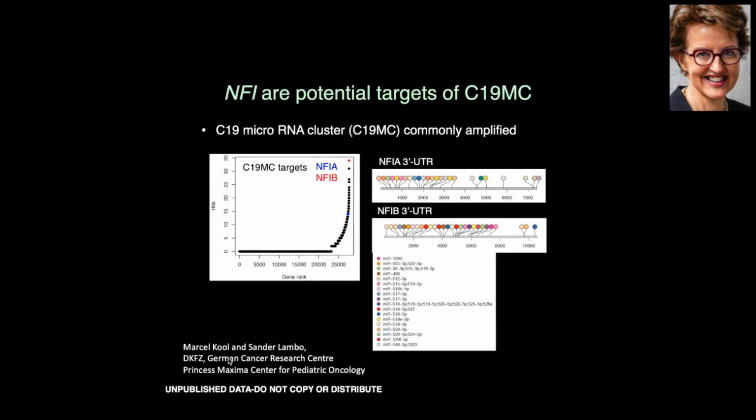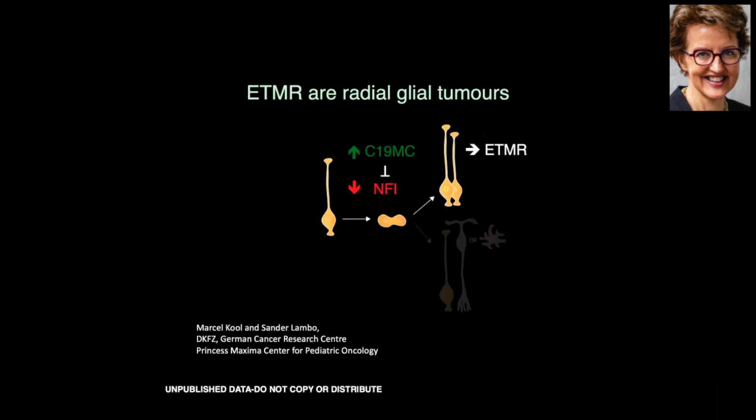Jens, working with Marcel and Sander, identified this C19 microRNA cluster, which actually regulates the nuclear factor 1 genes. And we think these are potential targets of this microRNA cluster within the 3' untranslated region of these genes, and that they regulate this. So when C19MC is disrupted, then all the nuclear factor 1 genes are affected.